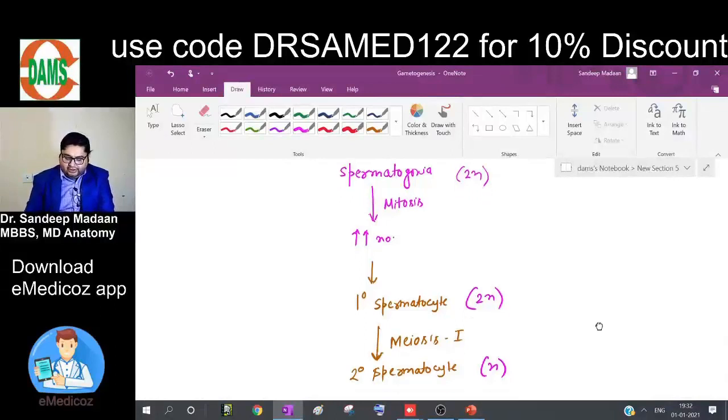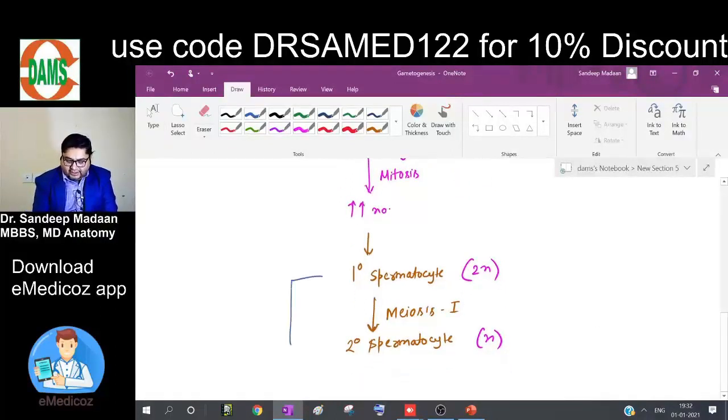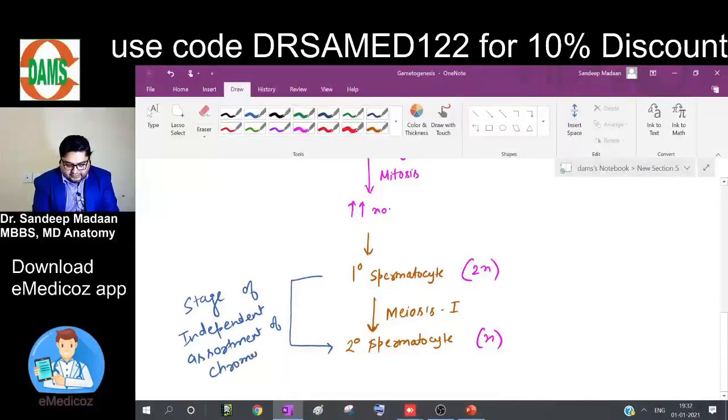Now when the stage changes from primary to secondary spermatocyte, this is called the stage of independent assortment of chromosomes. This has been asked previously.